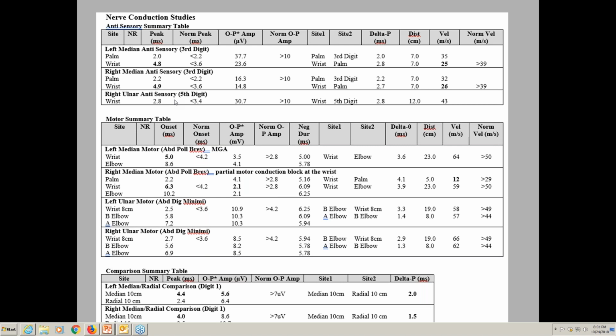In my next sentence, I might now describe what's happening in my motor nerve conduction. And what would you say there? What's important to say? Brian, you hit on this right off. Anyone?